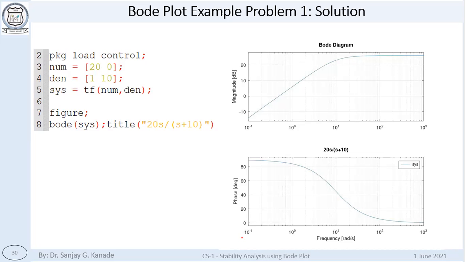We have the same tool that we used earlier, which is Octave. Using Octave, this is a very small program. You can run this small program and you get the Bode plot like this, in a single figure window.